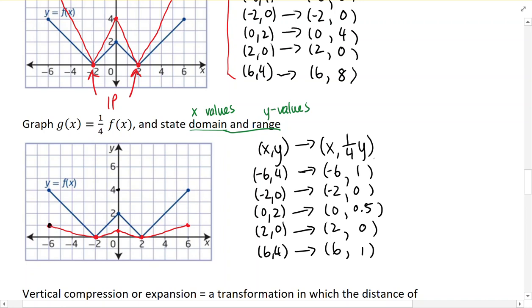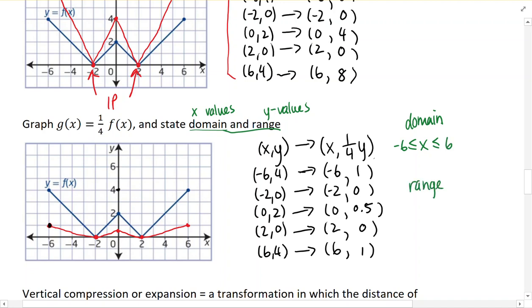Okay, so in this particular case, looking at our g of x, which is this red line, when we look at x values, we see that it can go from -6 up to 6. Those are all the possible values it can go. So we'll say our domain is x has to be greater or equal to -6 and has to be less than or equal to 6.